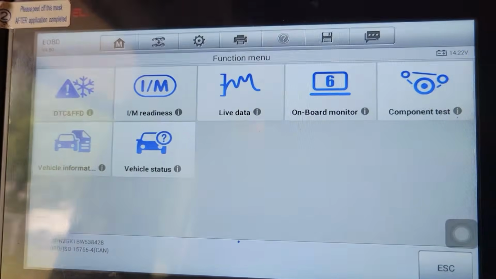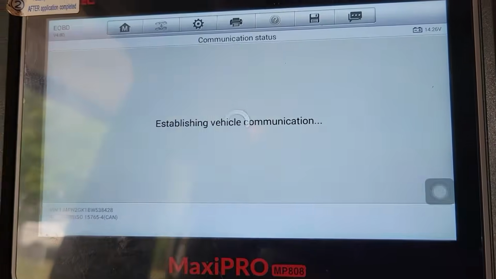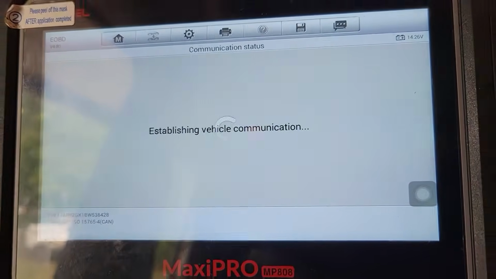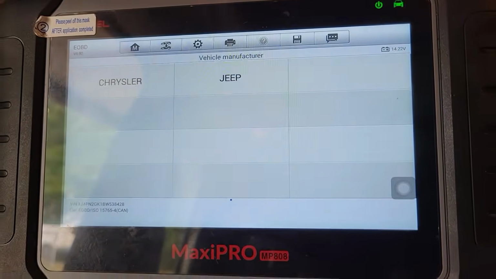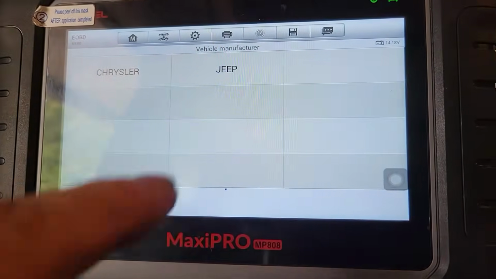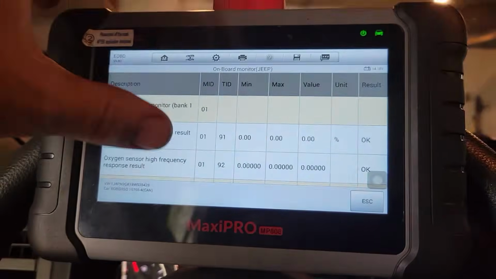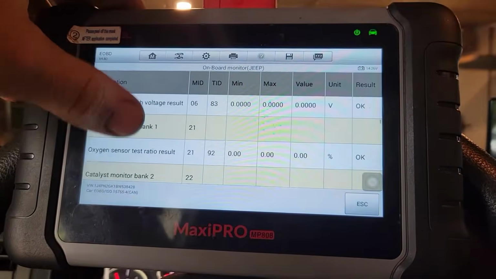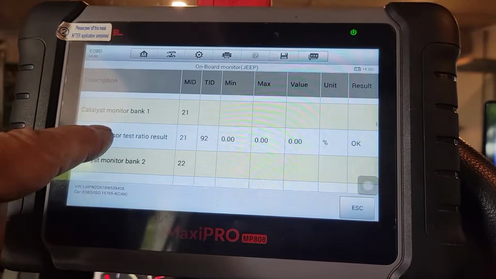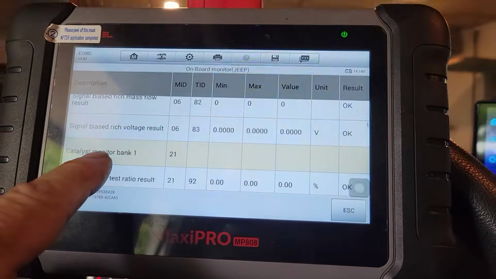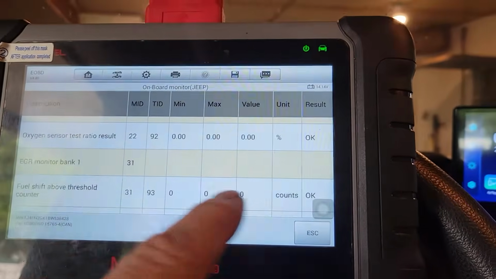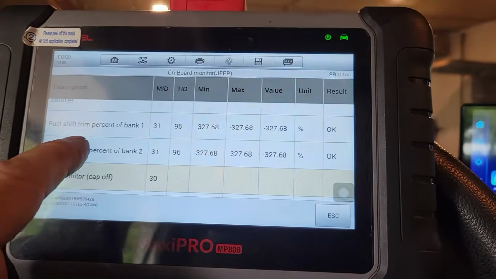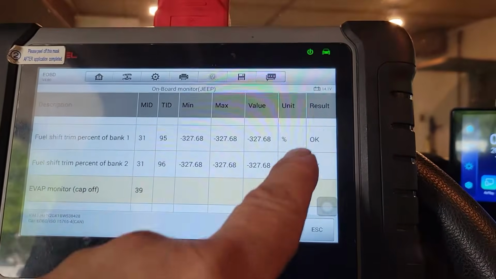Just want to double check it, but mode 6, that's always your friend. Sometimes it's your only friend, but it's going to tell you more about where it was looking for misfires, where it was looking the hardest. See, everything's passing. Even the fuel trim is passing.